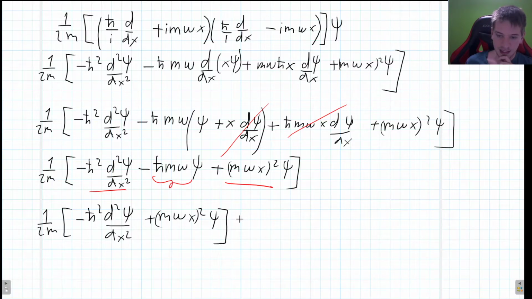And now outside, I'm going to write minus 1 over 2m times h bar m omega psi. But here the m's will cancel out. So what we get is just minus h bar omega divided by.